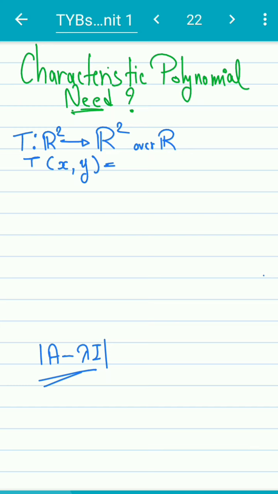So why do we need this characteristic polynomial? We know that a matrix representation will change as we change the basis. Let us see a simple example. Suppose I consider my linear transformation from R2 to R2 over R, such that T of (x, y) gets mapped to (x, -y).